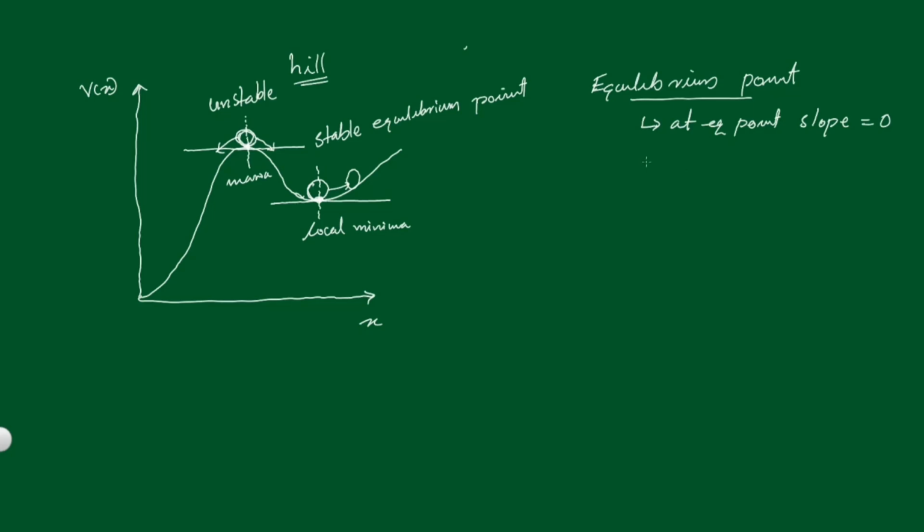So how do we represent a slope in a mathematical way? That is dy by dx. Here it is dv by dx, where v is a function of x. And if dv by dx equals 0, then it will be an equilibrium point.